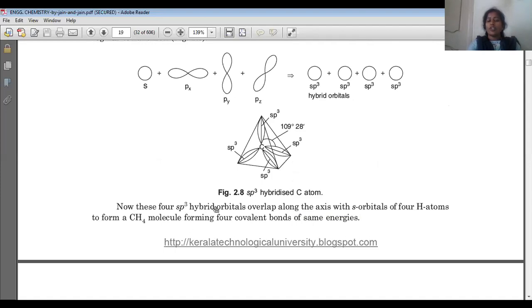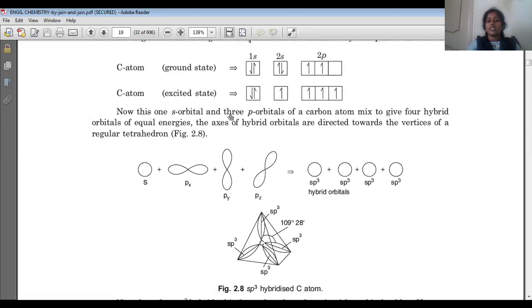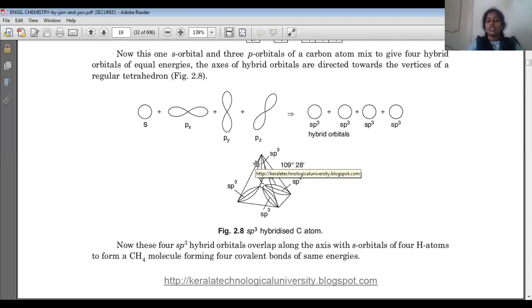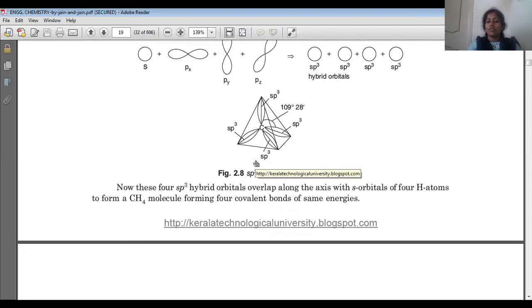Now, these 4 sp3 hybrid orbitals of carbon can overlap with the s orbitals of hydrogen, because we are discussing the structure of methane. Carbon has 4 sp3 hybridized orbitals and there are 4 hydrogens. Each hydrogen has only 1 electron in its 1s orbital, and that s orbital combines with these 4 sp3 hybridized orbitals.